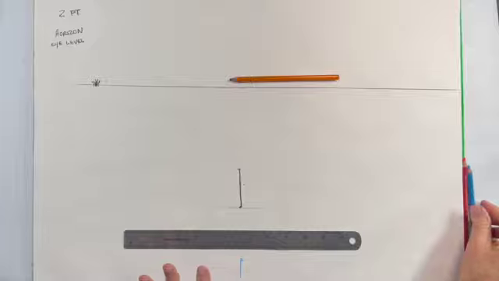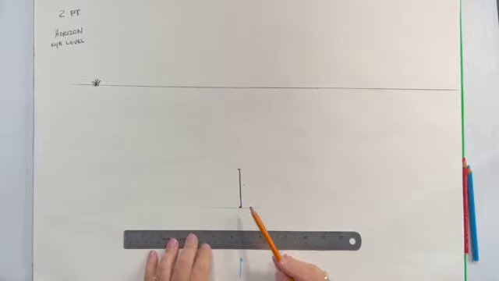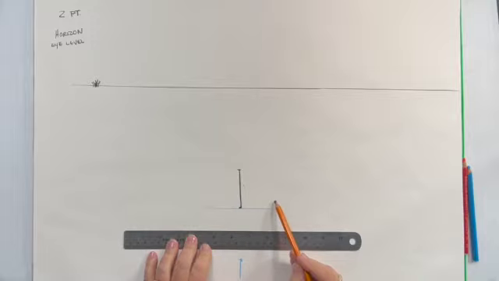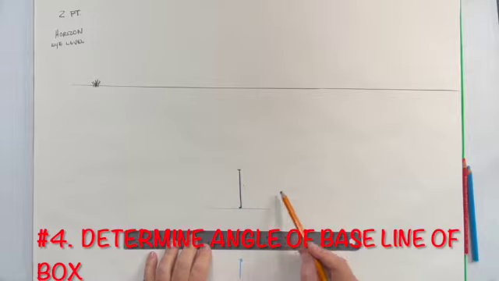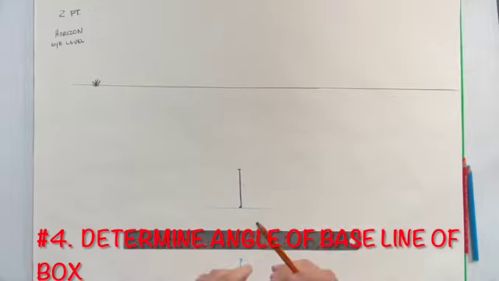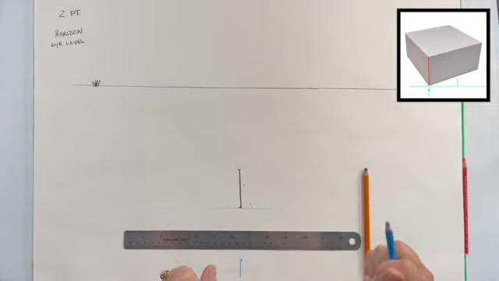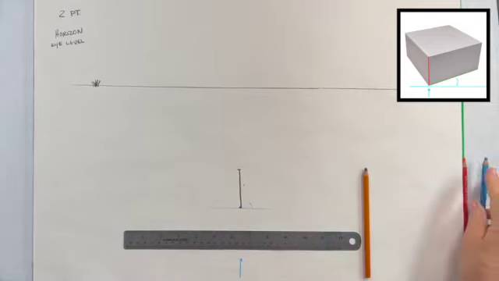Very important, because the next step is, as we're looking at the corner of the box and we're going to determine this baseline of the box, at what angle does it go off toward the horizon line? So we have to compare it to this horizontal line. What is this angle? And yes, we're back in geometry.